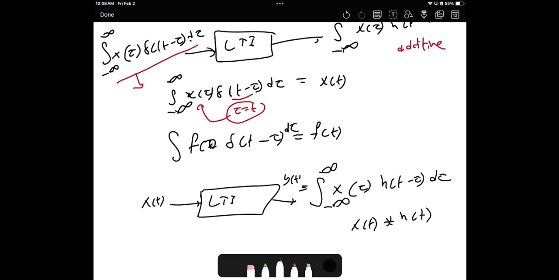Okay? So basically what we did in the explanation: time invariance, then multiplication by x of t, and do the integration for the inputs, it will be x of t. That's how we did it.